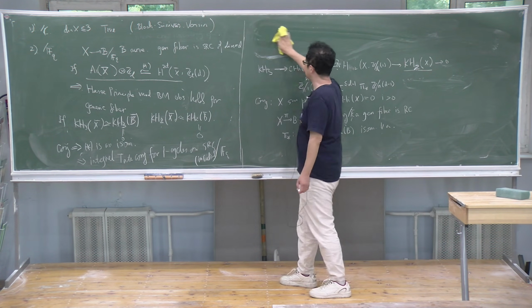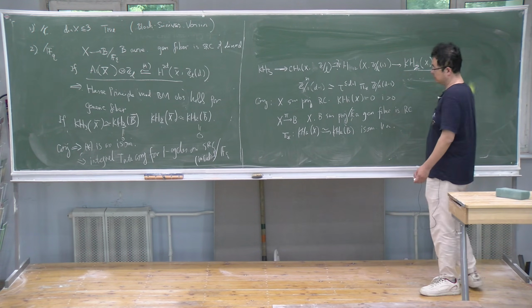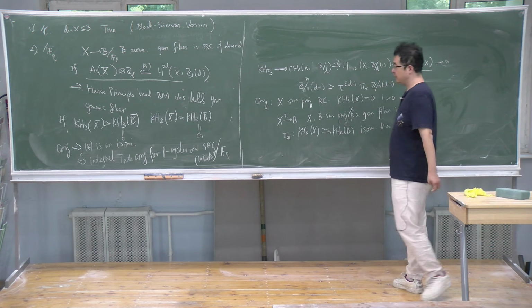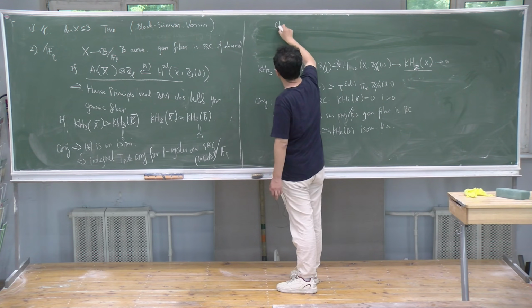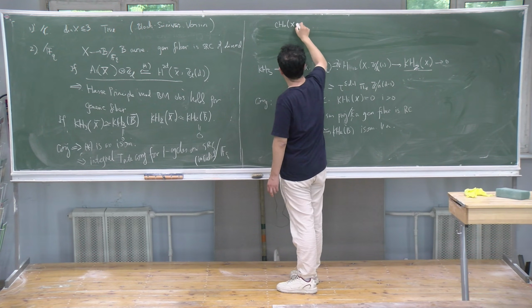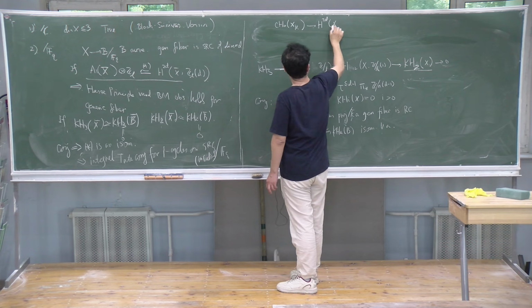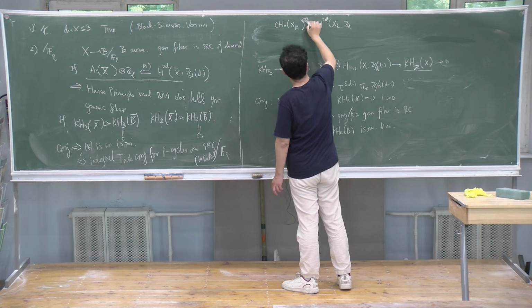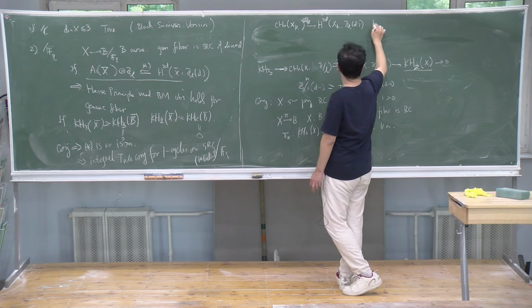Now, so last time we also talked about this thing. If you have the integral Tate conjecture for one cycles, you'll see. So last time we also talked about the cycle class map of X over some field K to H2, and K is local.